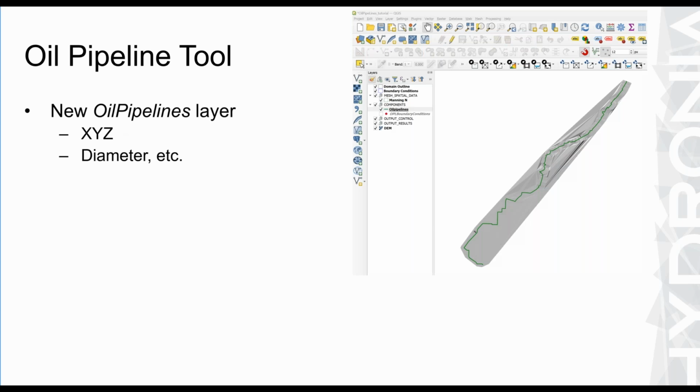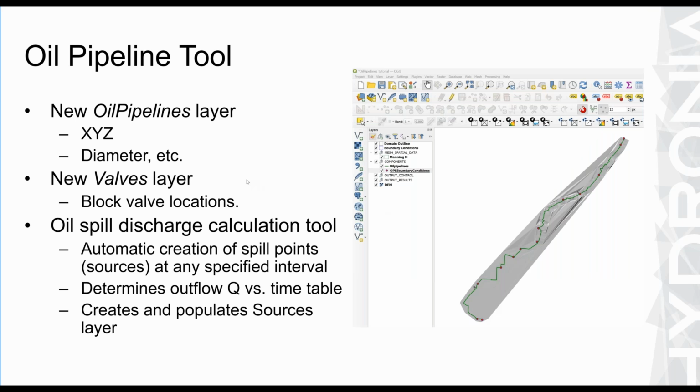The specifics of the oil pipeline tool include the oil pipeline layer. It's a new layer, this one here, that can be used to enter a pipeline. Then there is a new valves layer that is used to enter valves or block valves that can be along the pipeline.